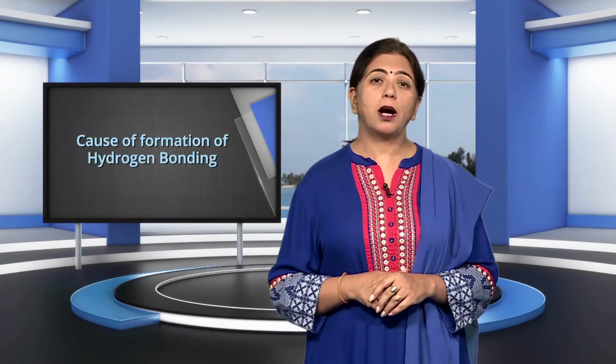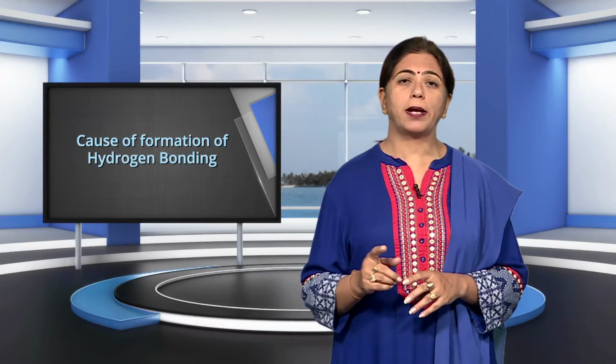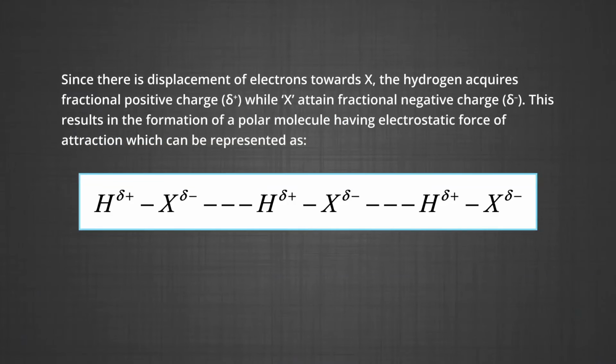As a result, the hydrogen atom becomes highly electropositive with respect to the other atom X, which can be F, O or N. Since there is a displacement of electrons towards X, the hydrogen acquires a fractional positive charge, delta plus, while X attains a fractional negative charge, delta negative. This results in the formation of a polar molecule having an electrostatic force of attraction, which can be represented as the dotted line between the two molecules.